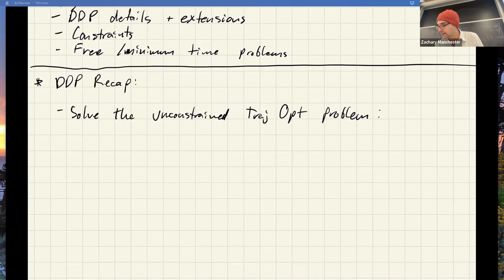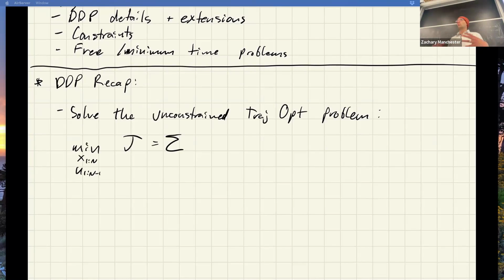It looks like a min over our x and u trajectories of some cost function, where we've got a stage cost that gets added up over time, and then a terminal cost that's just on the last state. So that's our cost. And then we've got our nonlinear dynamics. Okay, so this is the problem we're solving.